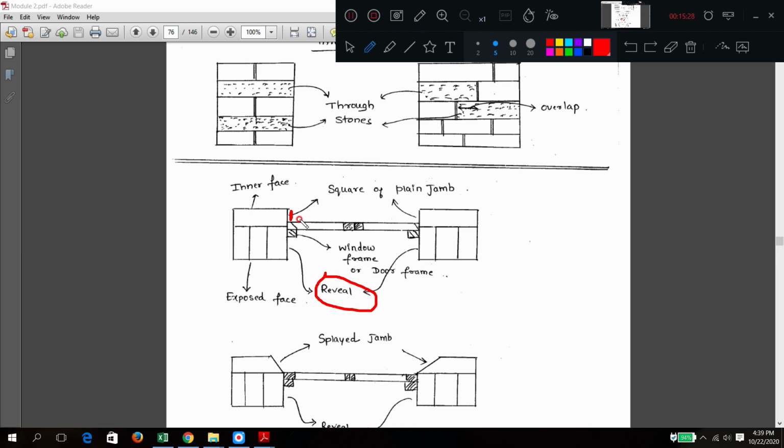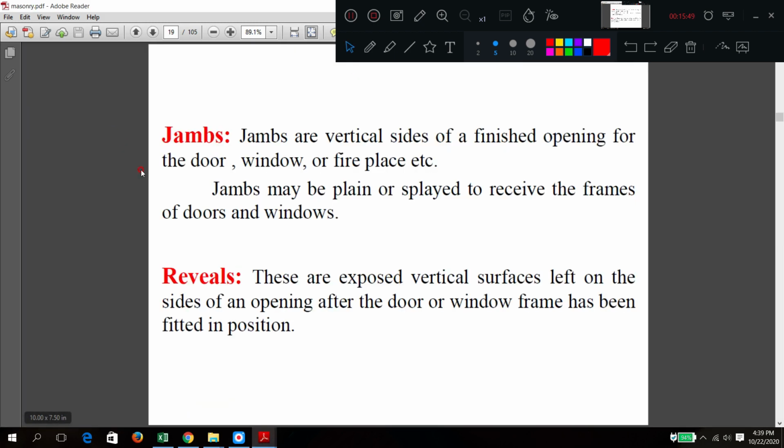If that wall is not plain, and a little bit of slope is provided for architectural purpose, then we call it splayed jamb. Is that okay? Okay, splayed jamb.